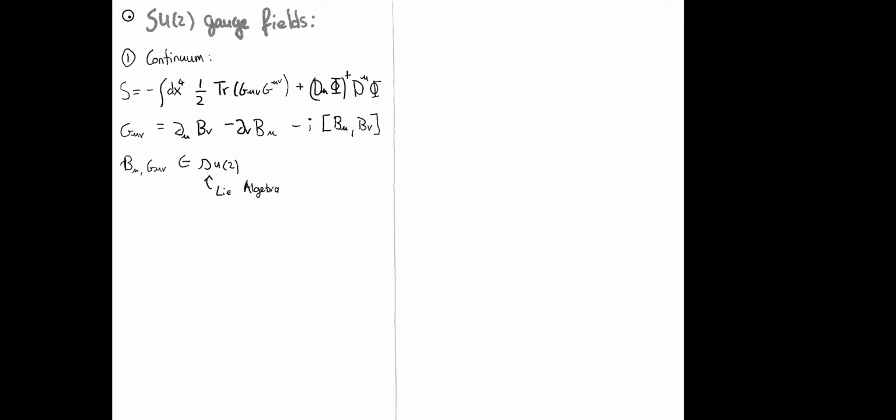And then my scalar field is just a two-component complex field, and the covariant derivative is generalized as follows: D mu phi equals d mu phi minus i g B mu acting on phi. And so now phi is really a doublet of complex scalar fields.